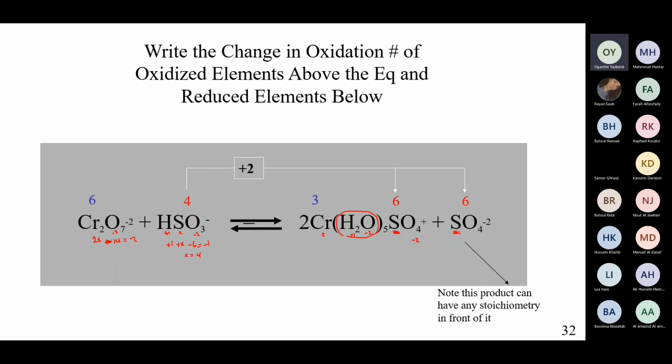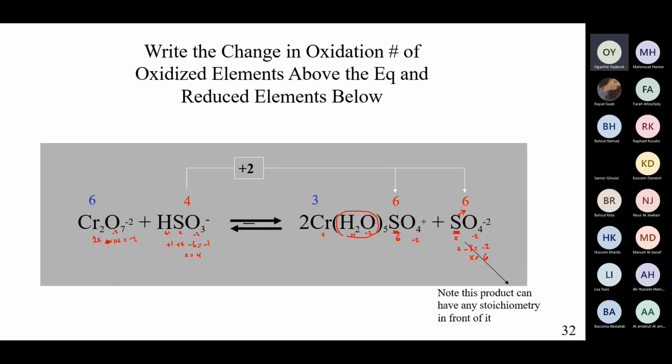So in this compound, I only have sulfur and oxygen, so I could solve easily for sulfur as the X. Oxygen, again, is -2. So we have X -8 equals -2 as the charge. X, take the 8 to the other side, becomes 6. So the sulfur has an oxidation number of 6 here, and then we must then put an oxidation number of 6 for this sulfur in this compound.